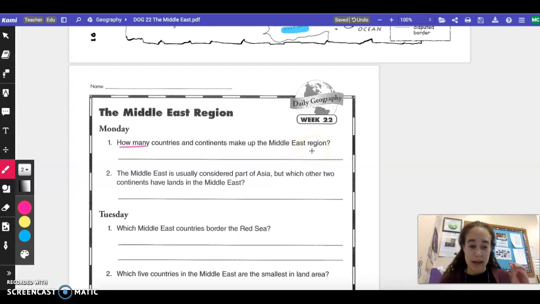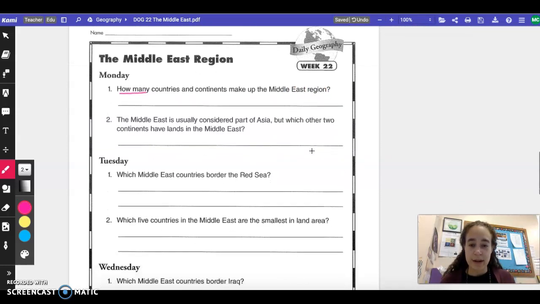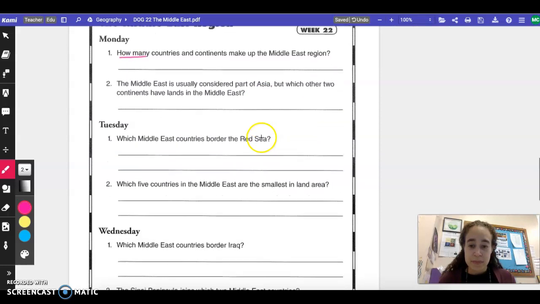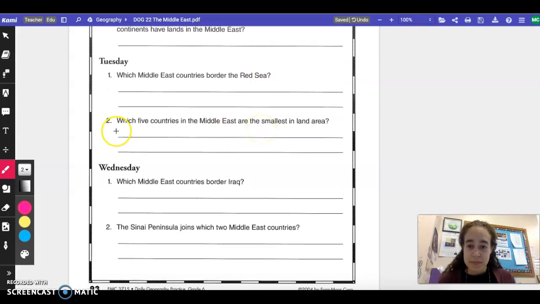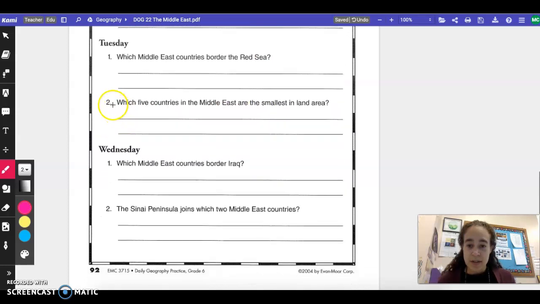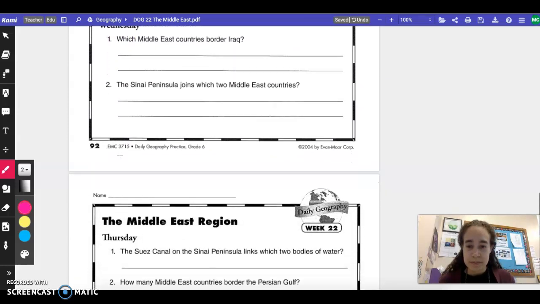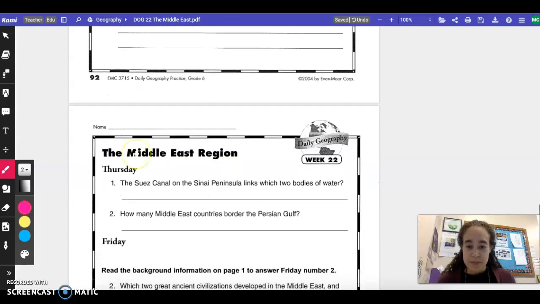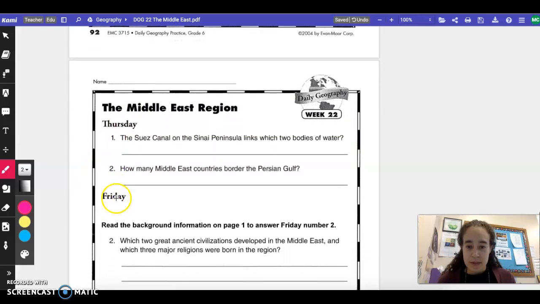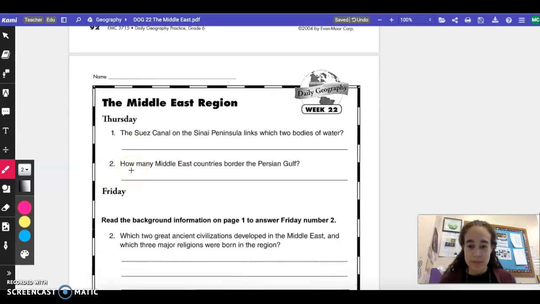So you'll tell me 2 parts in this question. You have to have them both in order to get it correct. We just talked about the 5 countries that are the smallest in land area. Gave you a big hint for number 2. I'm going to come back and talk about the Suez Canal in just a moment.